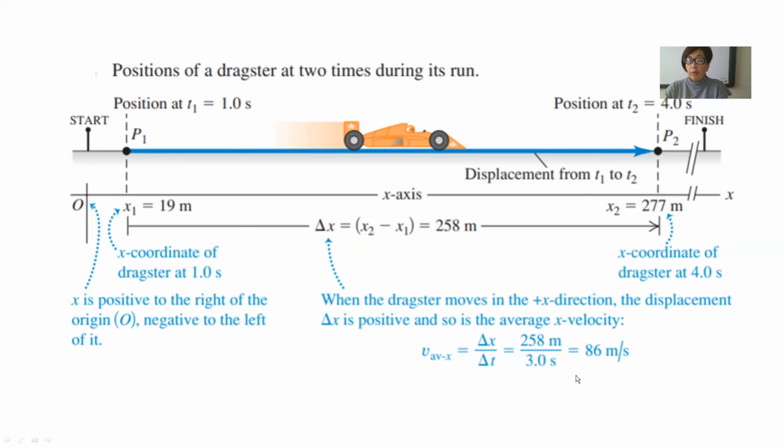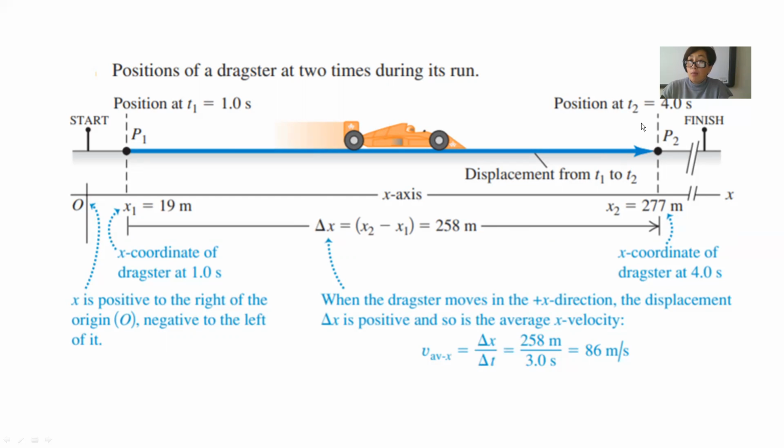And we solve average velocity. Average velocity, we know, is the ratio of the changing coordinates divided by the changing time. Here we calculated displacement, this is 258 meters. Replace the changing coordinates. And delta t is the changing time.